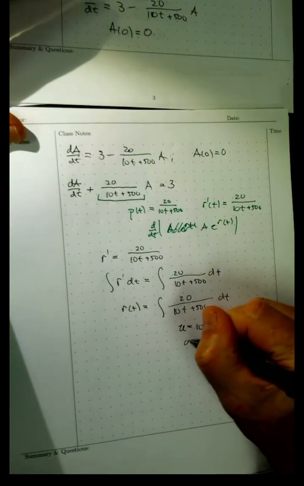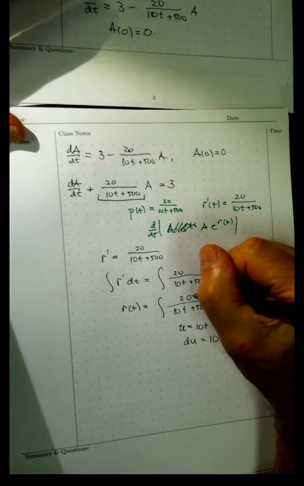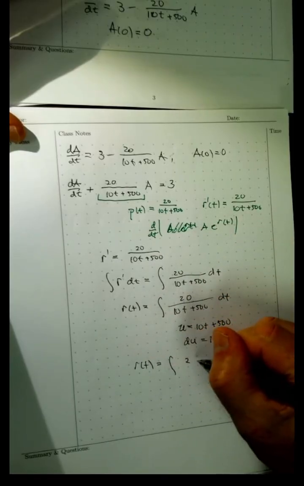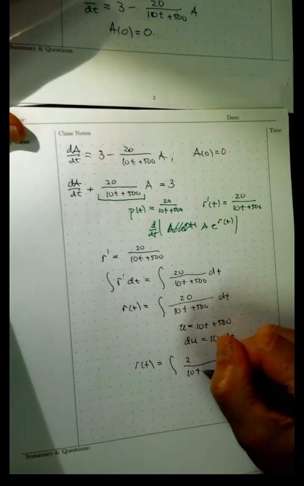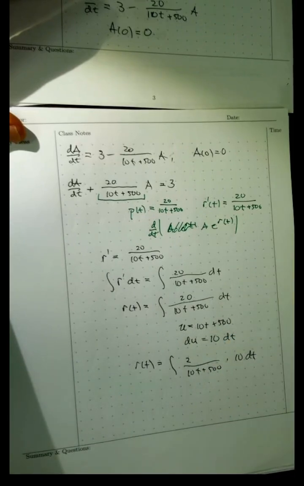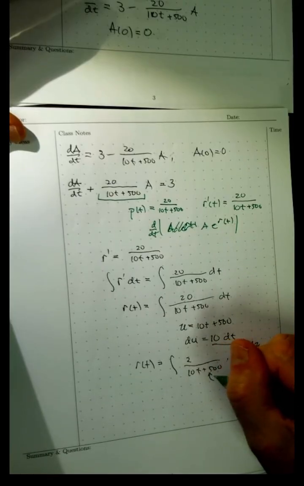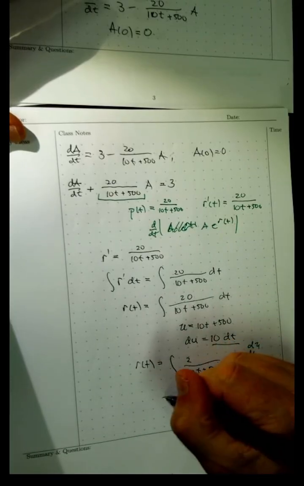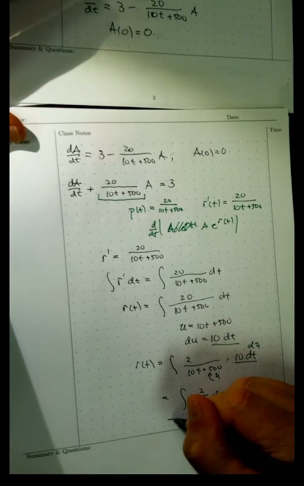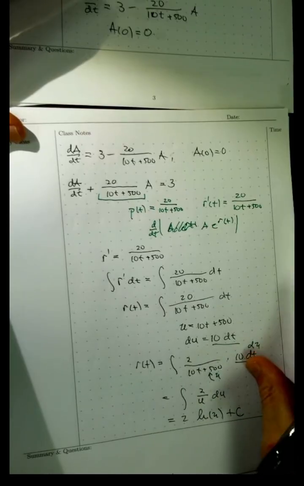This is going to be 10 dt. Well, I've got a 20 dt, so I can write that as 2 over 10t plus 500 times 10 dt. There's my du, and there's my u. So this is the integral of 2 divided by u du, and that's 2 log of u plus c.